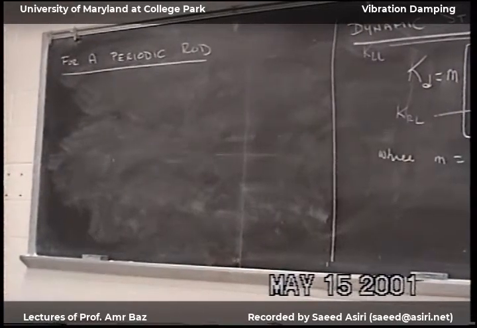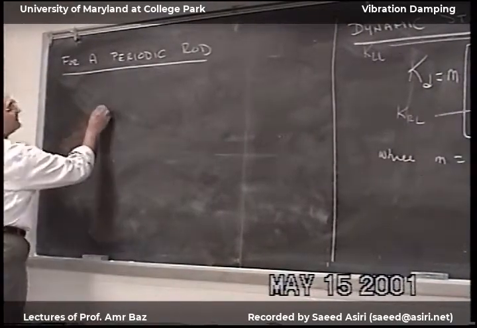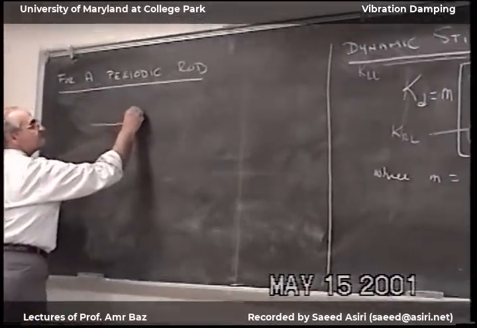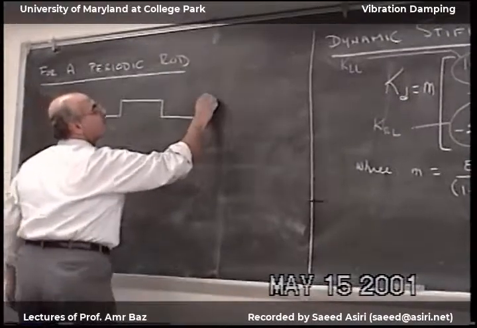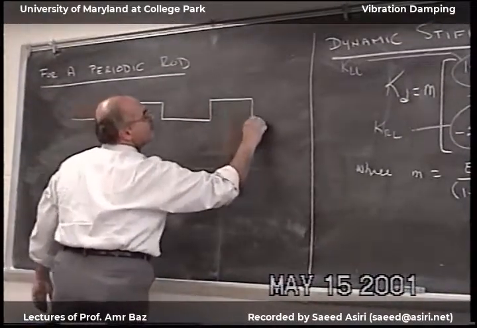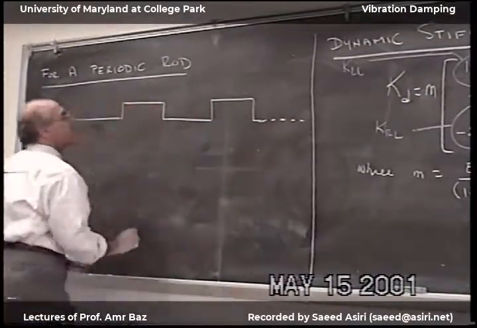But we'll do this first for a periodic rod. For example, I have a rod like this, and so on.